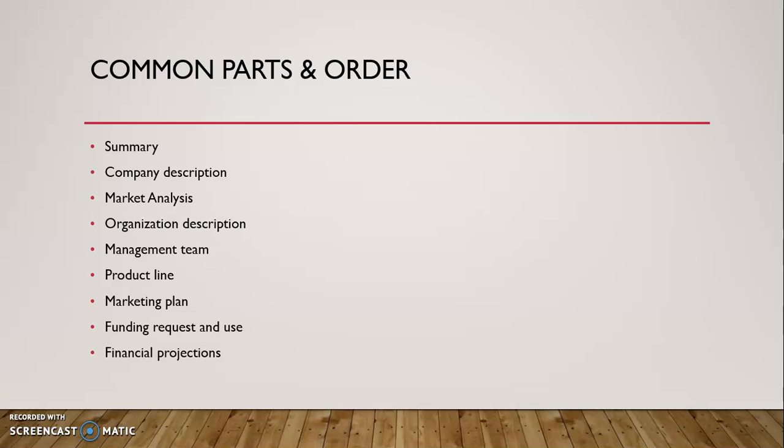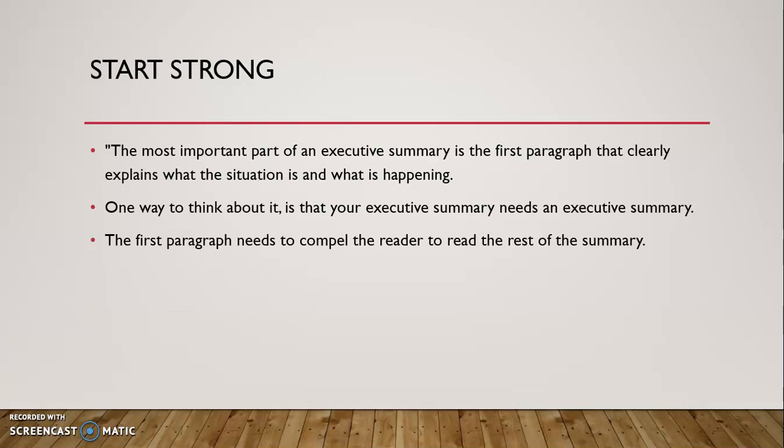The product line and marketing plan if you're producing a product. Funding request and use. So if you're requesting money, what are you asking for and what are you going to use that money for? And financial projections, either sales or, if you're requesting money, what do you see happening financially for your organization if the funding is received?